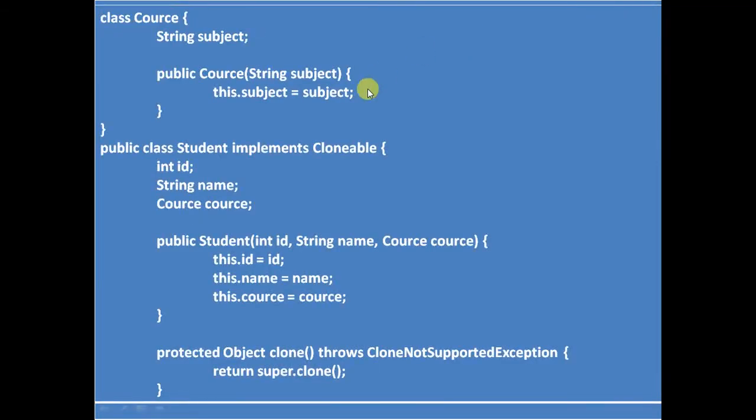Why? Because in the Student class the clone method is throwing the CloneNotSupportedException. It is not handled by using a try-catch block. It is thrown by using the throws clause. So if a method is throwing an exception by using the throws clause, its caller method should also throw the same exception.